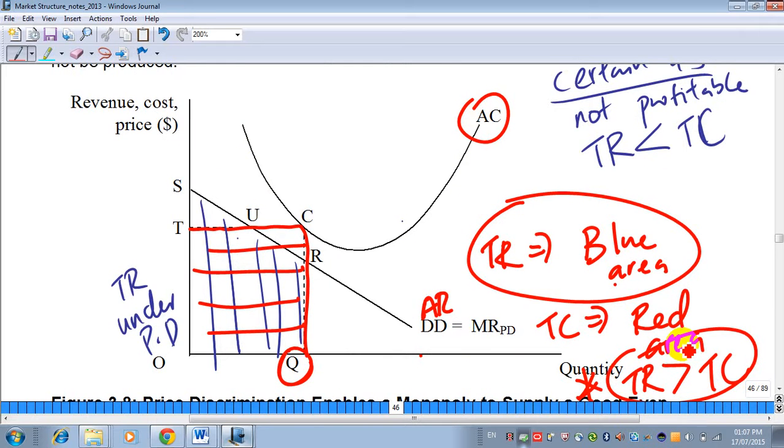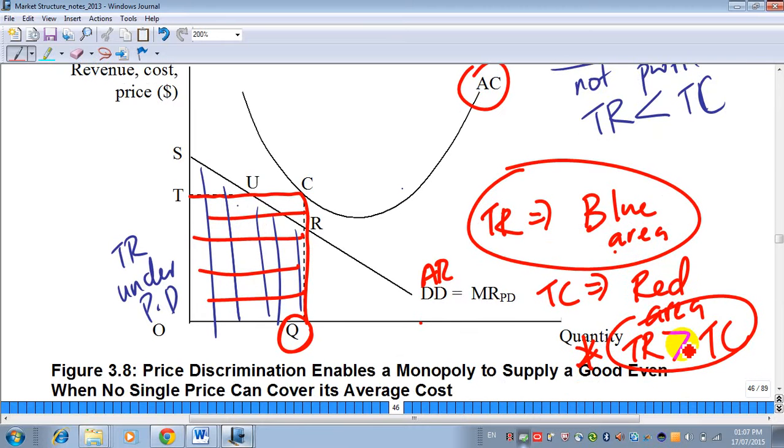It is just not possible for it to be produced because it is not profitable where there is no price discrimination. But when there is price discrimination, the total revenue would be represented by the blue area, and if Q is produced, the total cost would be the red area. The total revenue in this situation would be greater than the total cost.